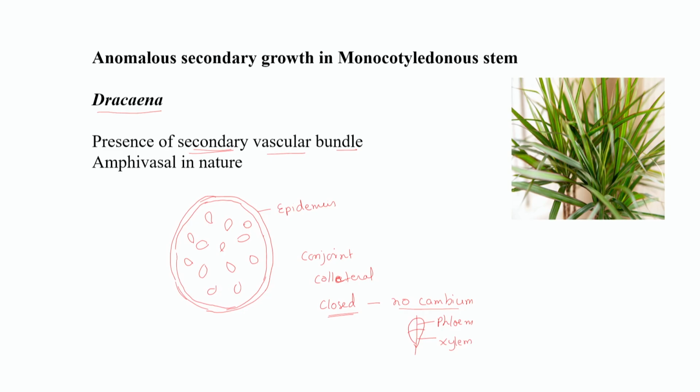So let's try to understand what you will see. When you see the primary or the initial stem, you will see structures like this. Vascular bundles will be surrounded by a bundle sheath. Now, when this undergoes secondary growth formation, you will see a different structure.